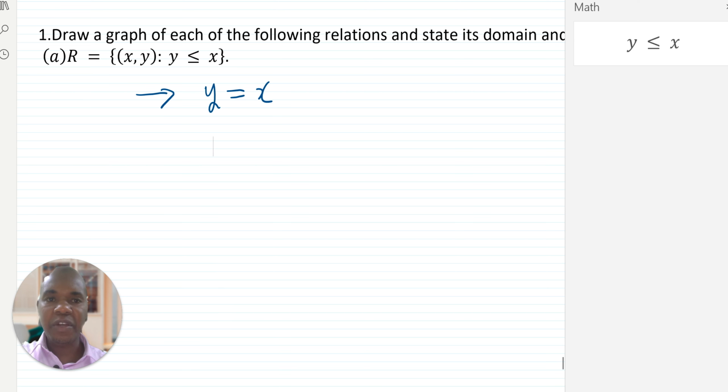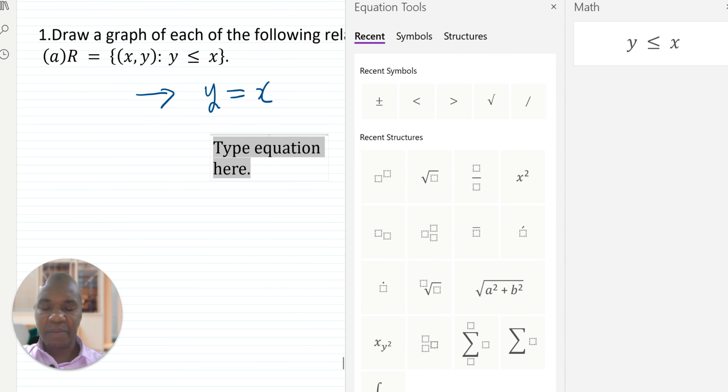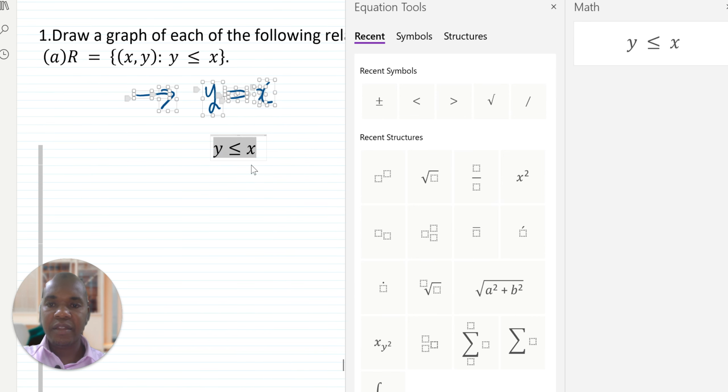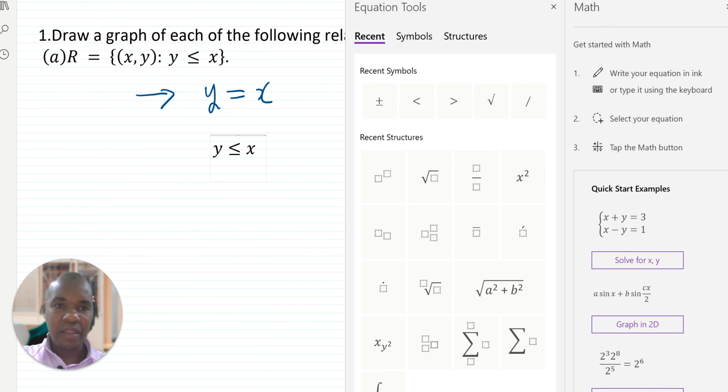I'll just put the equation here and type it: y is less than or equal to x, and we include it in the math part, dear students.